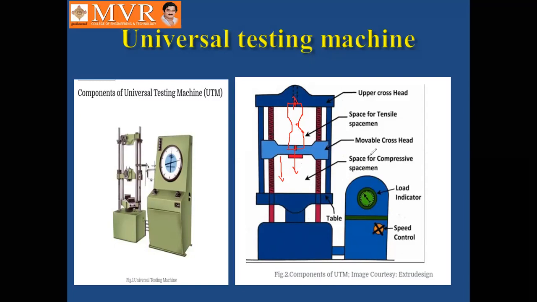And next, for the compressive load, if you consider the compressive testing machine, the specimen is positioned like this, in this direction. This is the specimen here. While performing the compressive test, the specimen is placed in between these two arms.